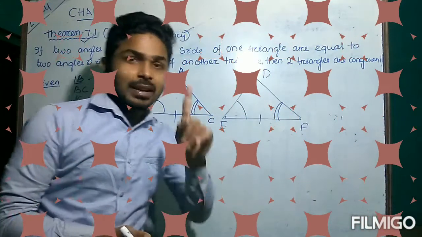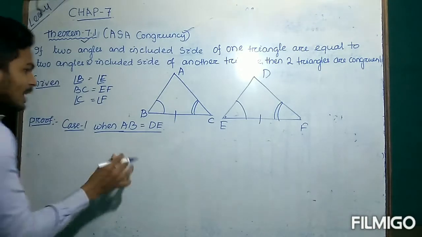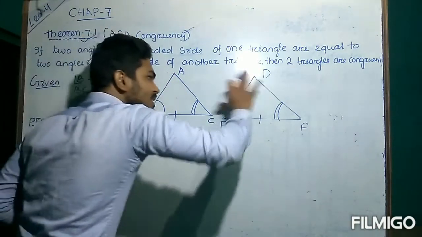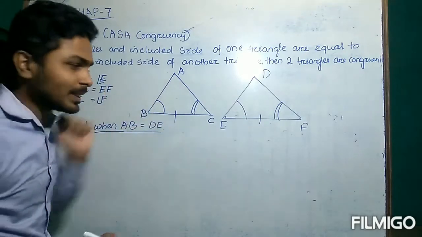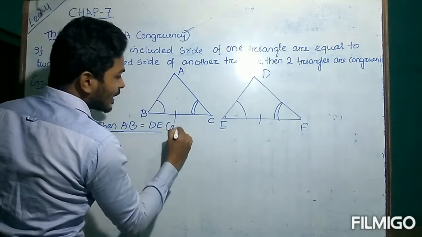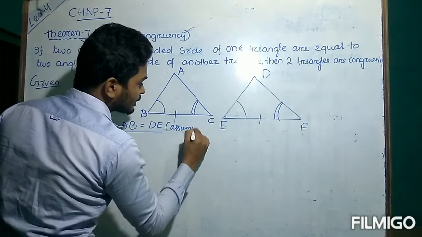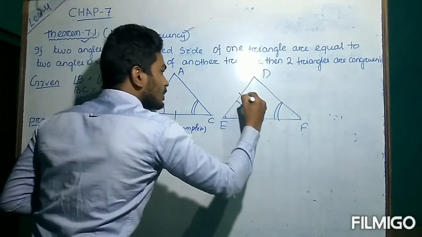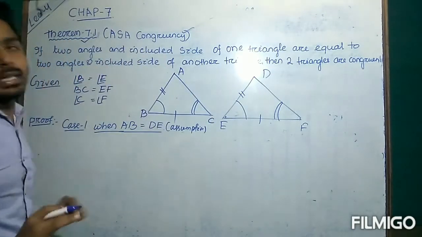So let us prove the first condition. We have to assume that AB is equal to DE. This is our assumption.